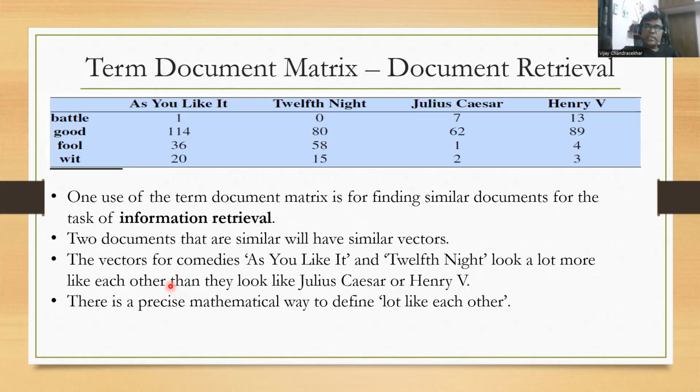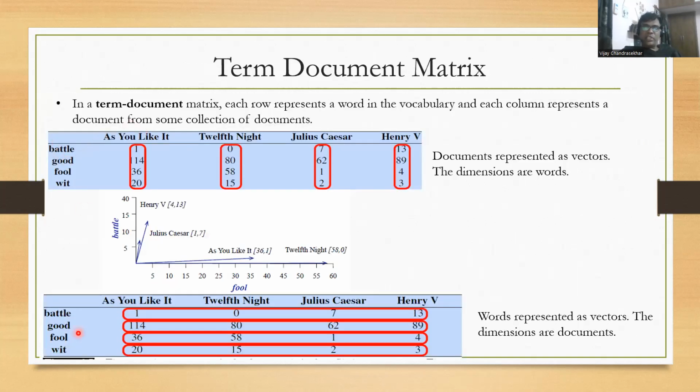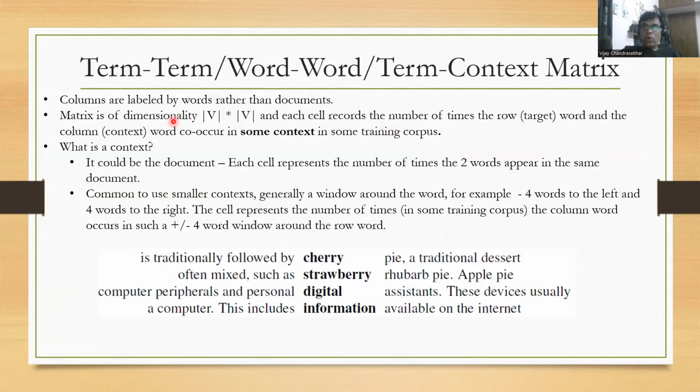Now, what you saw was, if you look at this, folks, you had words on one axis and documents on another. So such a matrix is called a term document matrix. Okay. There is another interesting matrix, which is called a term context matrix. I think the most useful way to understand this is term context, which means you have a word, we're calling that a term.